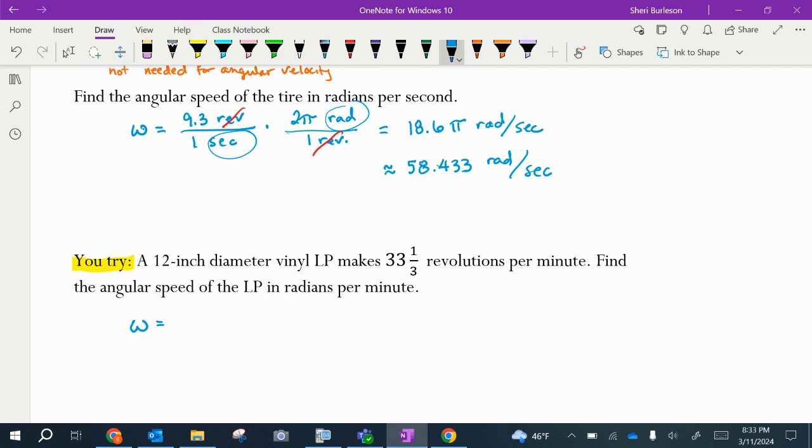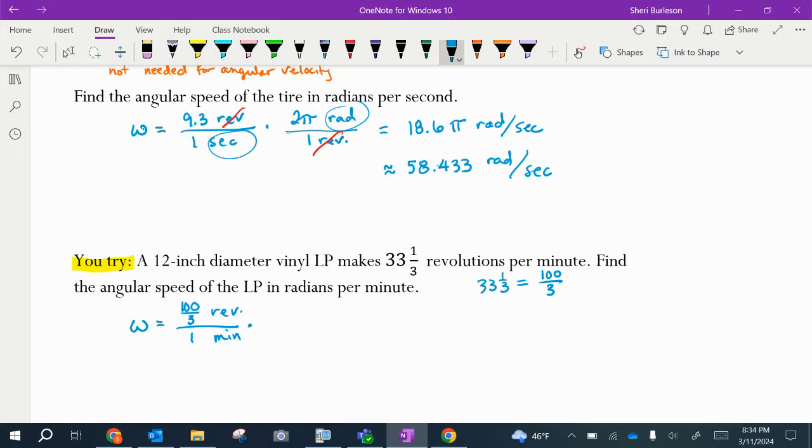My angular velocity is going to be 33 1/3. I'm going to want that as a fraction, so I have 100 thirds revolutions per 1 minute. Or I could have said that was 100 revolutions every 3 minutes, if you don't like the fraction there. But for this, it doesn't matter.